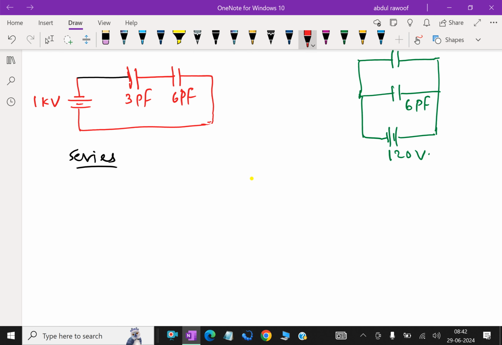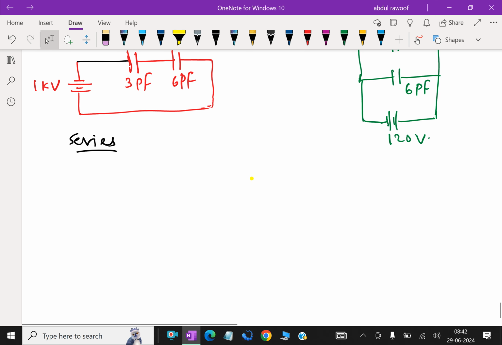in series, look here, 1 by C equivalent equals 1 by C1 plus 1 by C2.